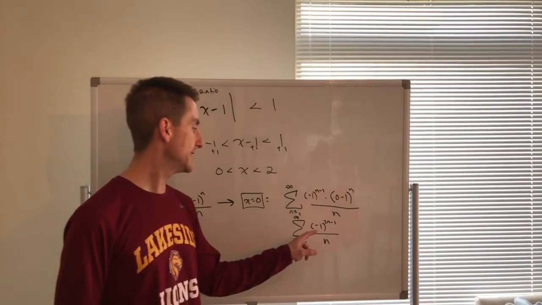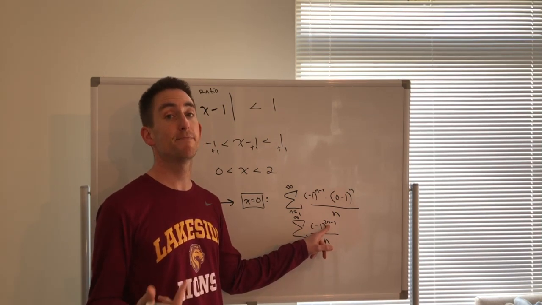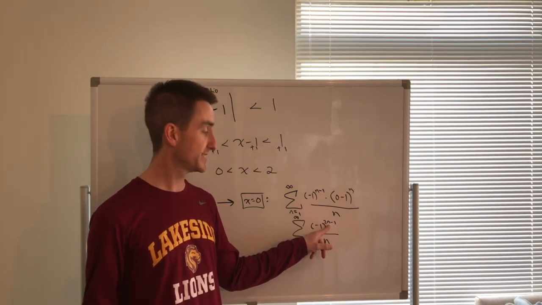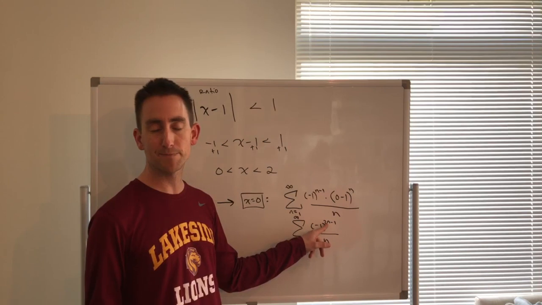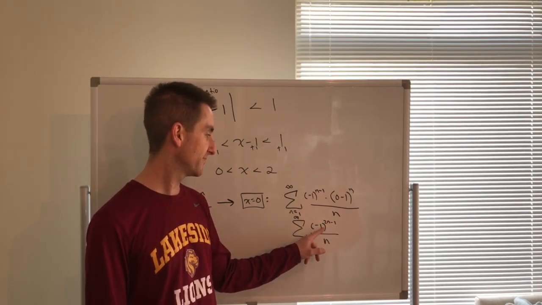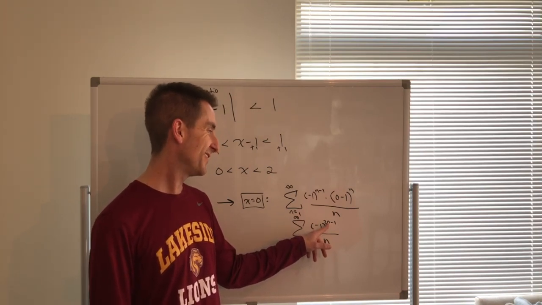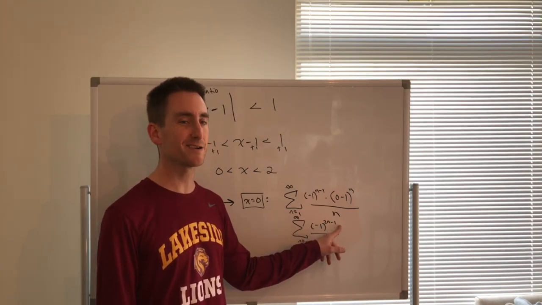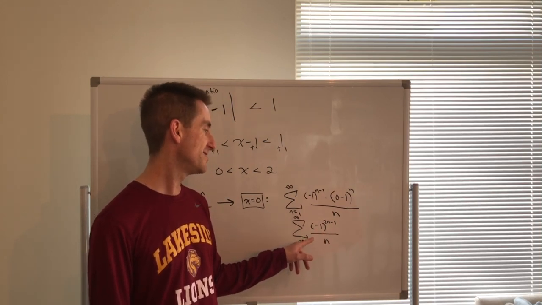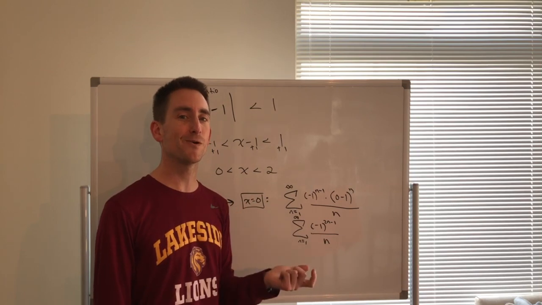And if I think about it, if I just had -1 to the 2n, that would always be a positive 1, right? No matter what n is, if I multiplied n by 2, I'd always have an even number, and -1 to an even number would be a positive 1. Therefore, if I subtract 1 here, I'm going to have -1 to an even minus 1. An even number minus 1 will always be odd.